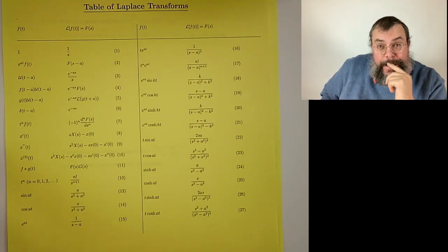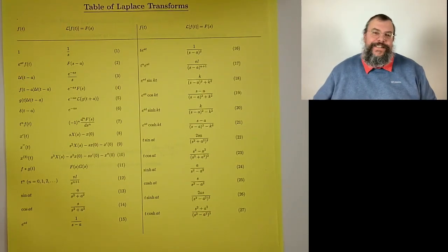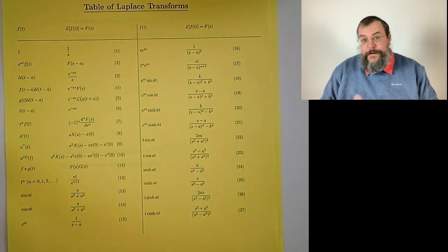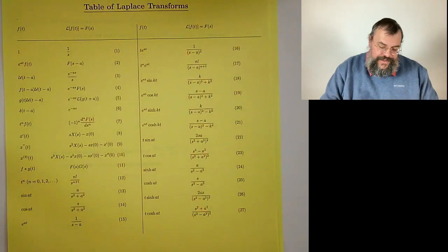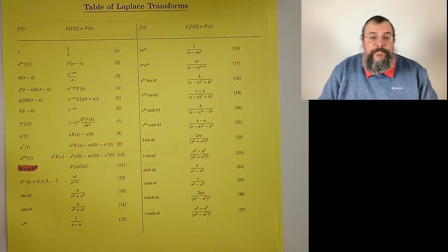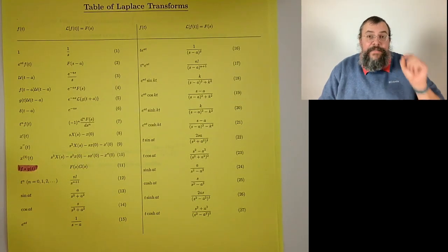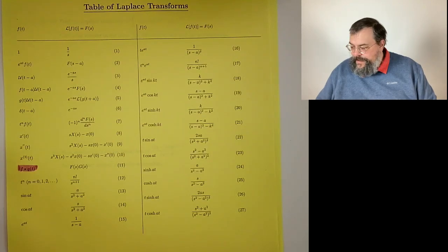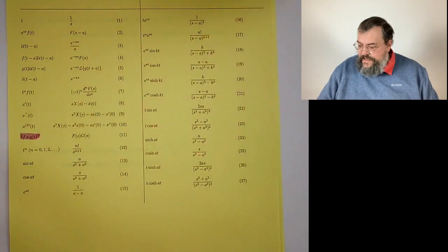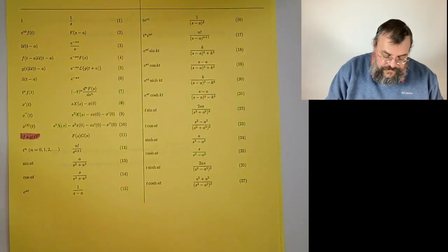Or am I? Okay, so here's the thing. This is testing you. Of course, it's a test. We have to test you on this entry. Now, that entry is what? F star G. Well, what is F star G? F star G is convolution.